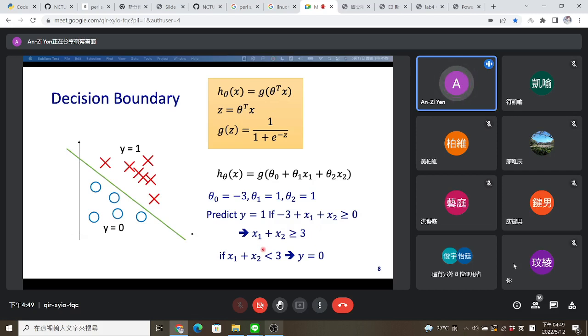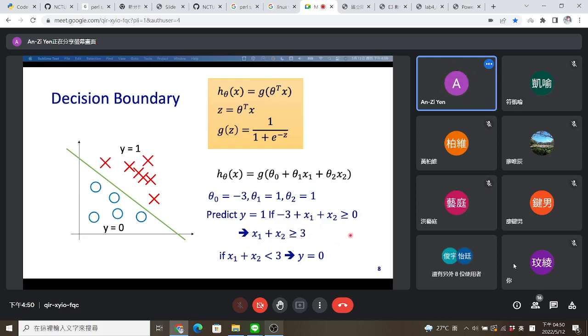So the prediction of y is equal to 1, and we can also move -3 from here to here, then we rewrite this as x1 plus x2 is greater or equal to 3. So we find that this hypothesis would predict y equal to 1 whenever x1 plus x2 is greater or equal to 3.